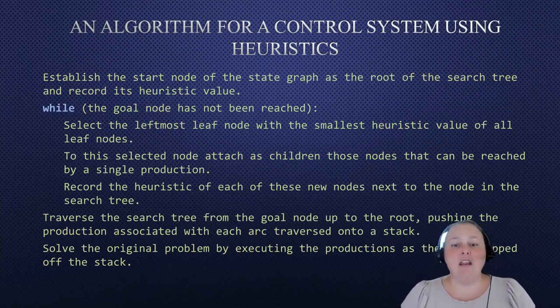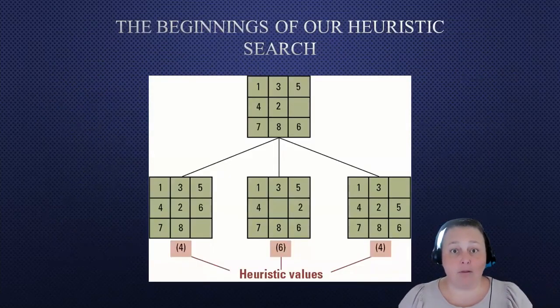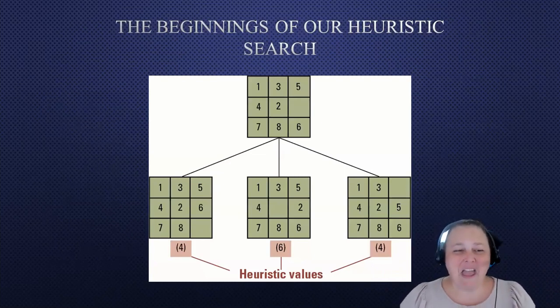Then it's going to do a new calculation and calculate a new heuristic, and then it's going to record that heuristic, and basically do that over and over again. Finally, it's going to get to a point where it finds the goal, and that is going to be the answer, and it's going to backtrack and do all of the moves in order to get to that goal. Okay, that's going away.